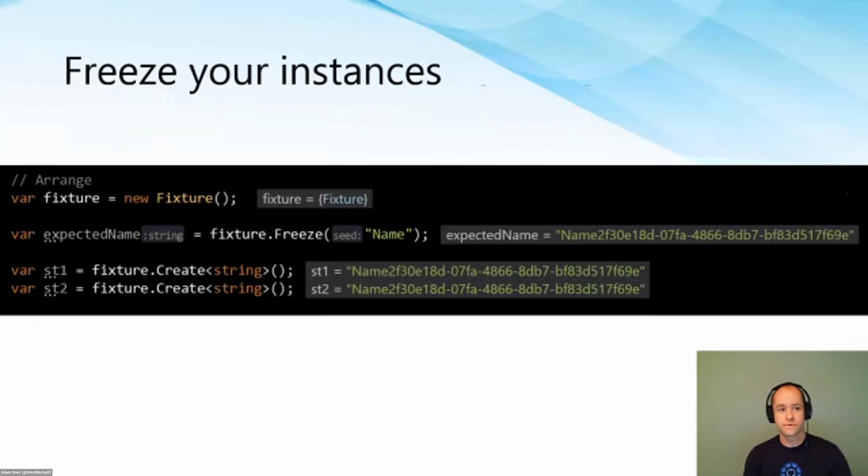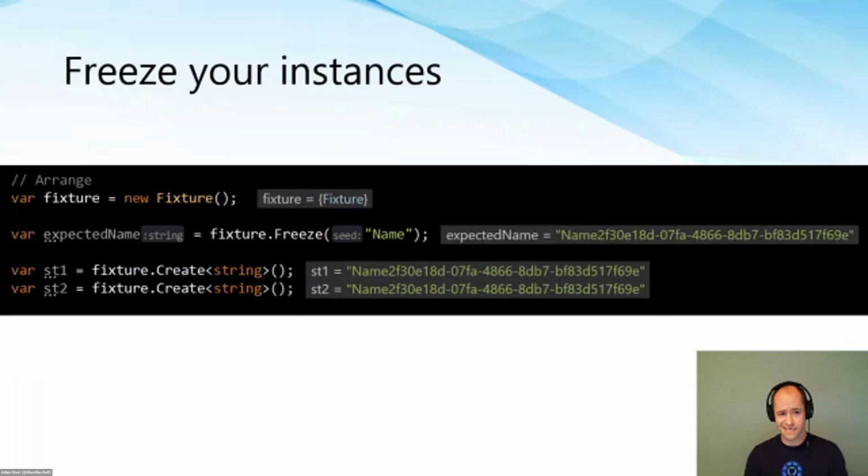It has this concept of freezing, where you can say, every time you ask for this type of thing, I always want it to be the same through the current instance of the fixture. So in this instance, I'm saying I want a string that seeds with the word name as a property, and every time I ask for a string, give me the same one back.